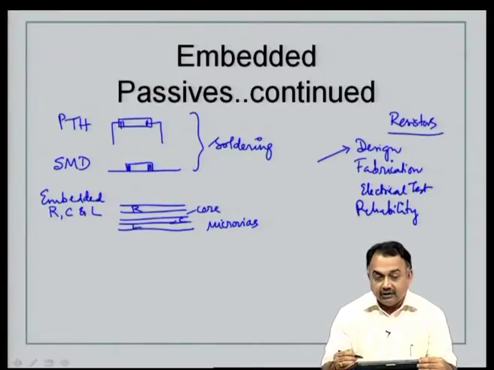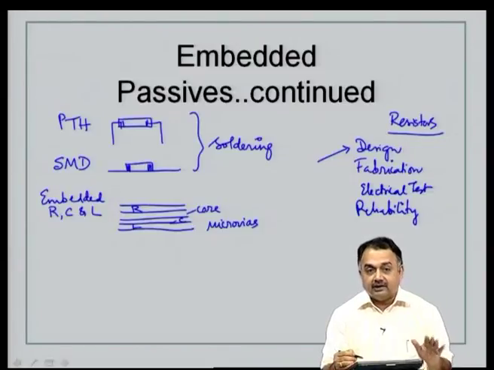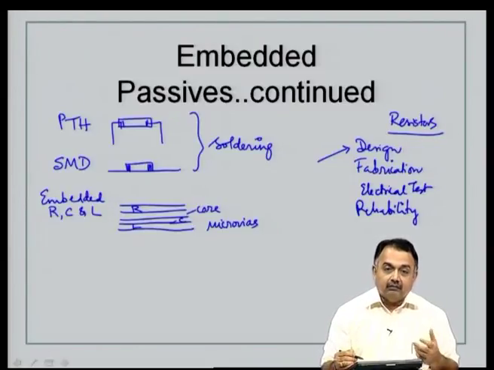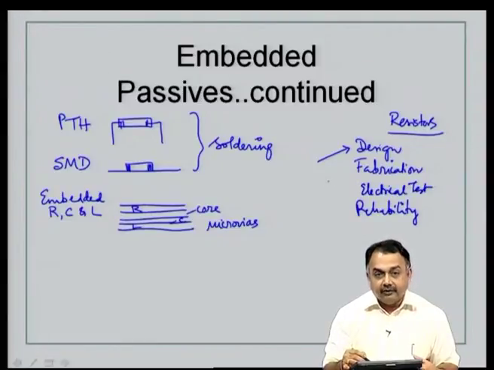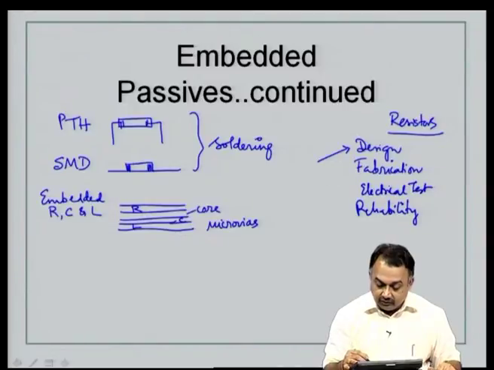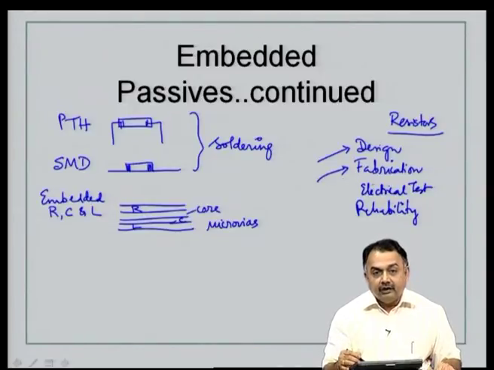As I mentioned in the last class, there are no set standards as far as library modules in the CAD system for embedded resistors and capacitors. So, you as a designer need to know how well you can exploit your design knowledge in integrating these devices, and fabricating these devices, into the system level printed wiring board compatible format.